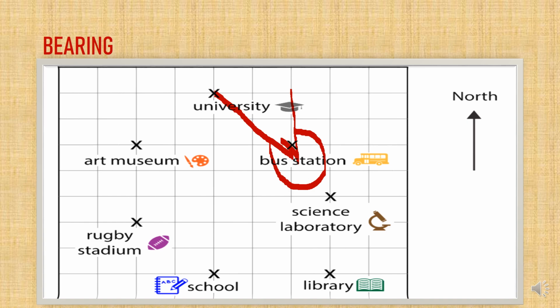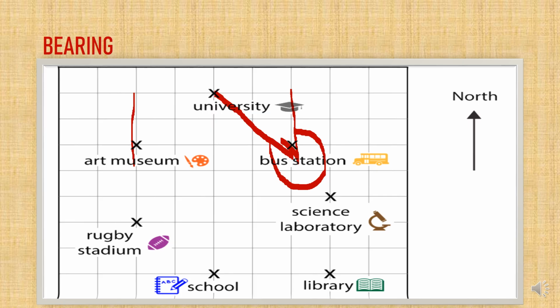Another example here is the bearing of the school from the art museum. The bearing of the school from the art museum. So the question is saying from, this is the from. We draw our north line.